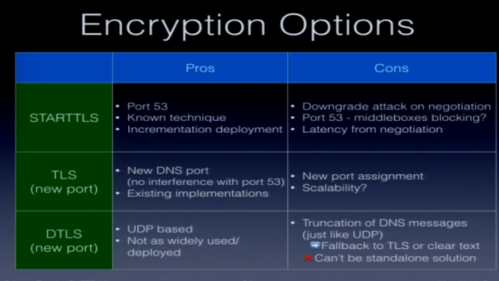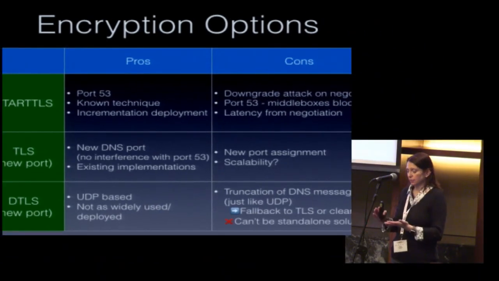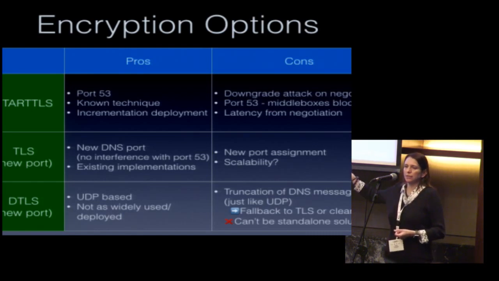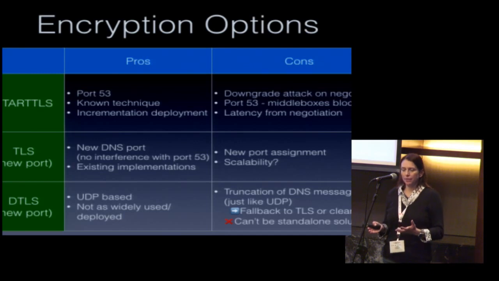Now, if we could, TLS is a very well-known technology. There's a lot of implementations. It's quite widely deployed, so that was attractive. There were some concerns about scalability of it if you try and use it within the DNS. And then in some ways you might want to look at DTLS and say, well, isn't that a more natural solution for DNS because it's UDP-based? And initially you might think that.